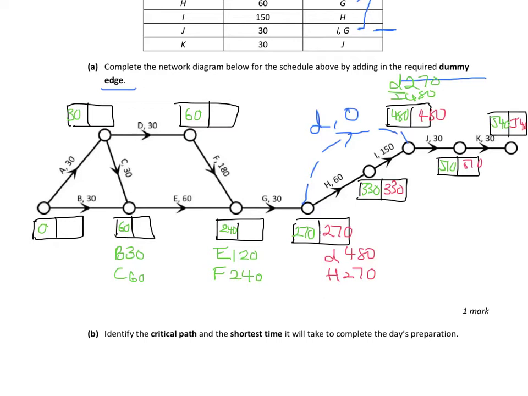Working backwards from there, 270 minus 30, 240. Up along F, 240 minus 180 will give us 60. 60 minus 30, now here we have to consider D and C coming back in, so D will give us 30. We'll go and complete the rest.